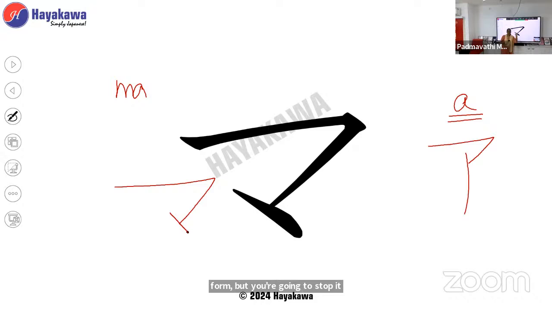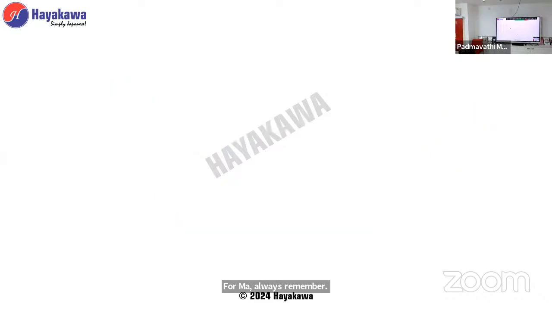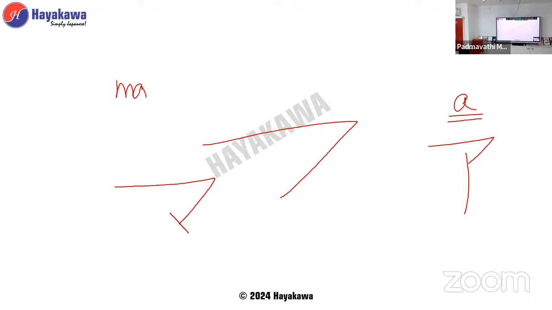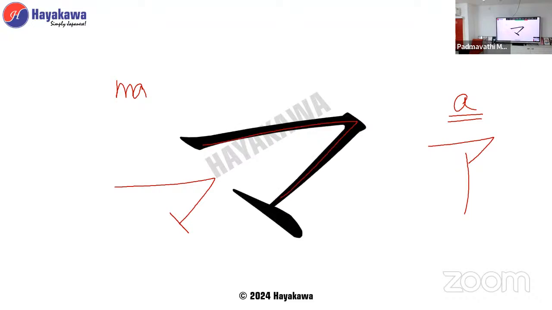The second stroke should stop, not elongate upward. That is the difference. So the first angle is same for both ma and a. So for ma, because there's another font which is similar, that is why, for ma, always remember a. One and two.